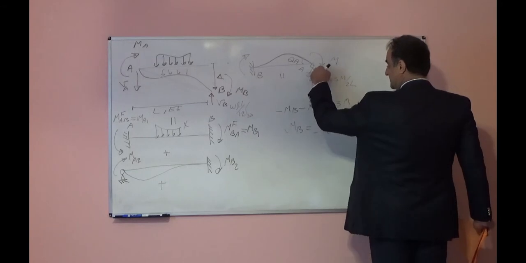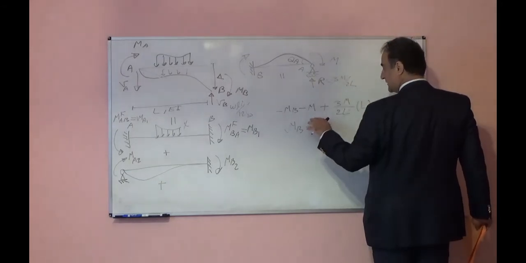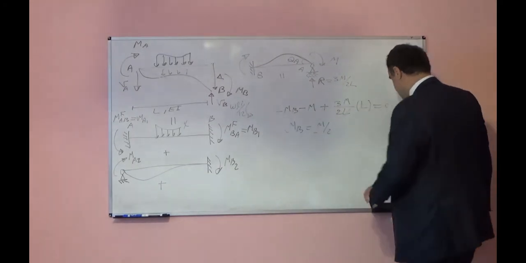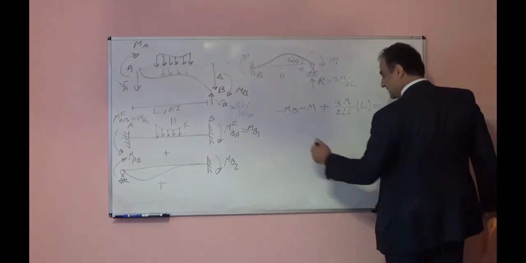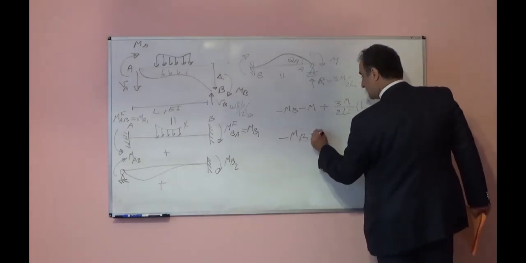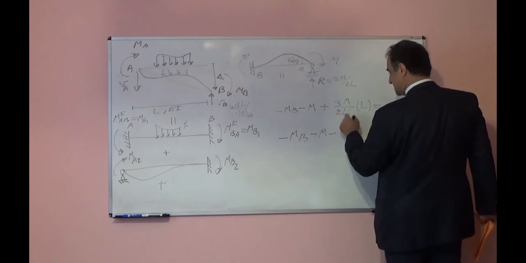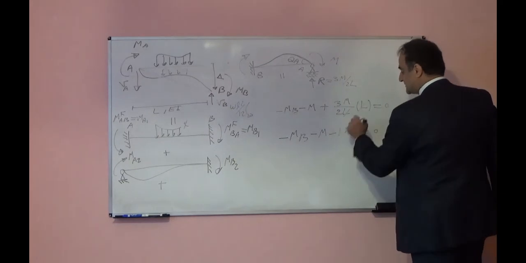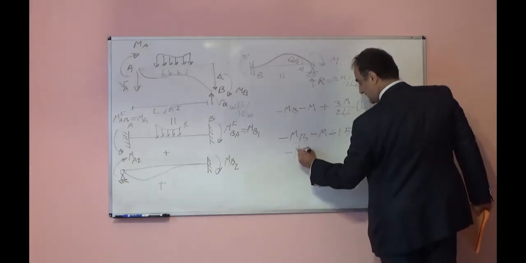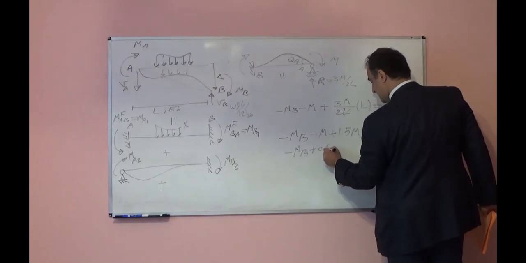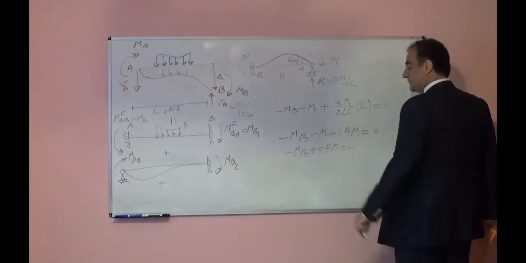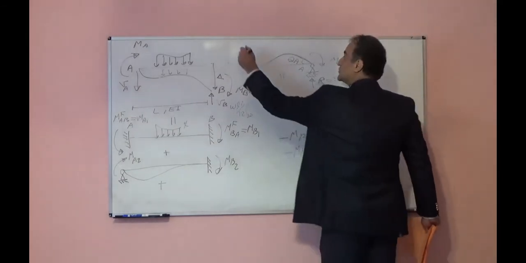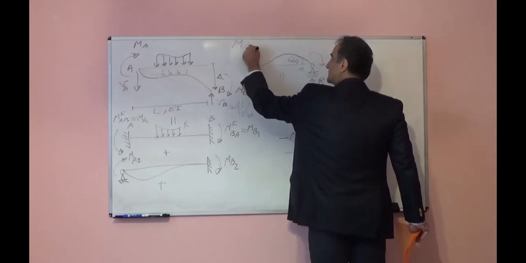So, minus MB minus M plus 3M over 2L times L; the L and L cancel each other. Negative MB minus M plus 1.5 M is equal to 0. So MB will be positive 0.5 M. If I take it to the other side, both negative, they cancel each other. So MB here will be M over 2.